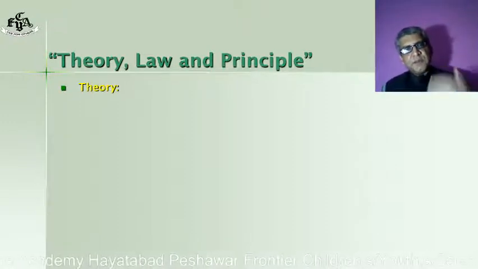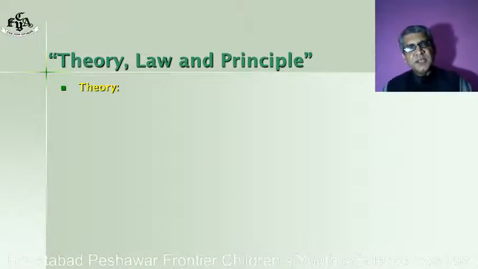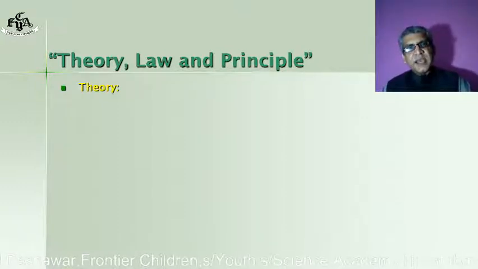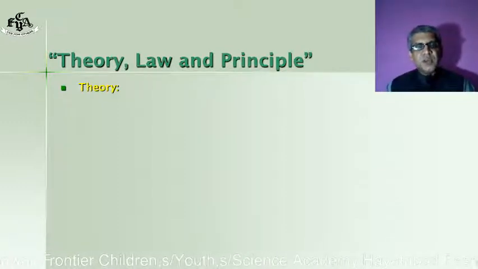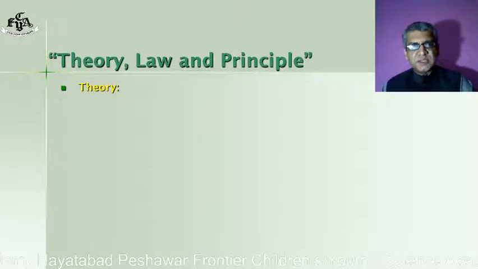And then after hypothesis, deduction is made, that is the logical consequences, and the use of the words if and then. After that an experiment is conducted, and then the experiment proves that the hypothesis is either true or false.